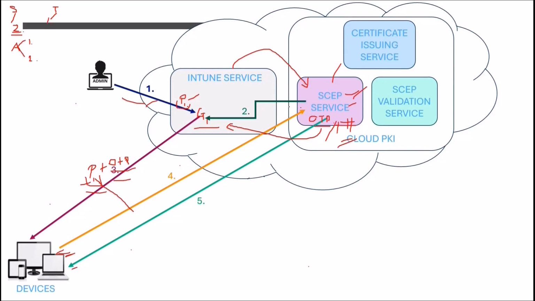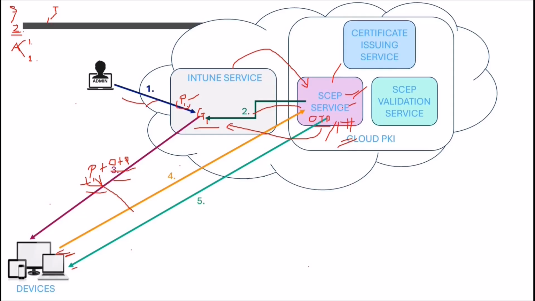In the step 2 response, the SCEP service reaches back to the Intune service and generates that challenge or OTP. Along with that challenge or OTP, it is also going to send the thumbprint of the server which has issued that challenge, and the timestamp at which this OTP has been generated.